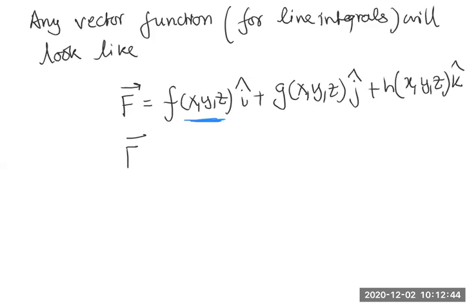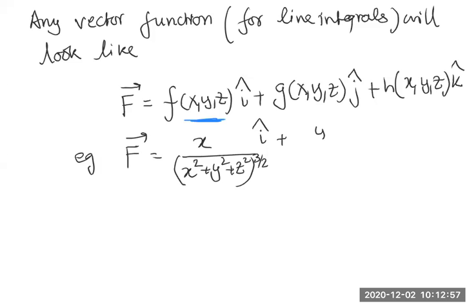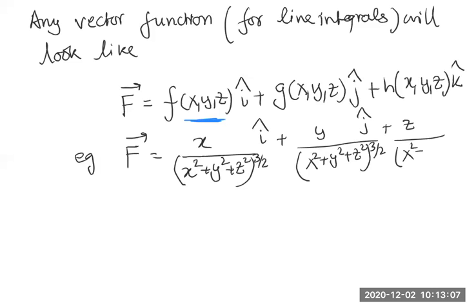So f is equal to x upon x square plus y square plus z square raised to the power 3 by 2 i cap plus y upon x square plus y square plus z square raised to the power 3 by 2 j cap plus z upon x square plus y square plus z square raised to the power 3 by 2.